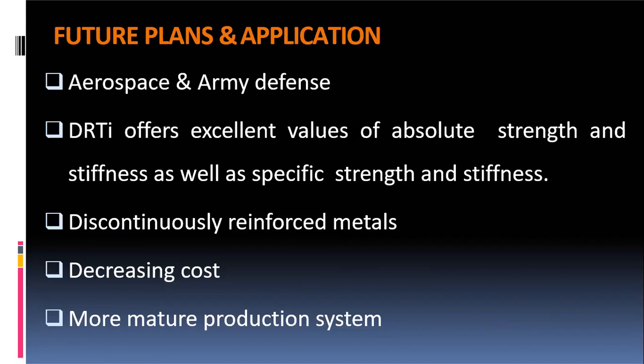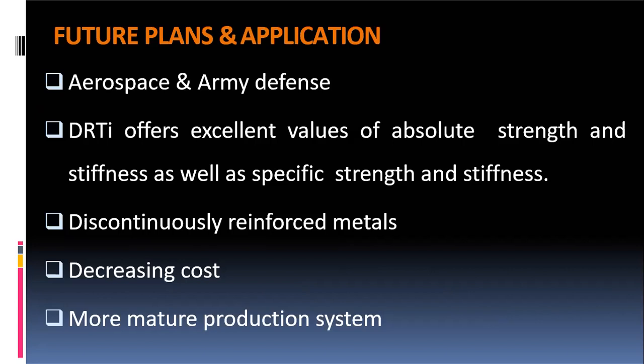In aerospace conditions we are going to use metal matrix composites in future, and in army defense also. In the defense sector, we are going to add it in bulletproof sheets and vests. So there are different applications in the defense of the army.